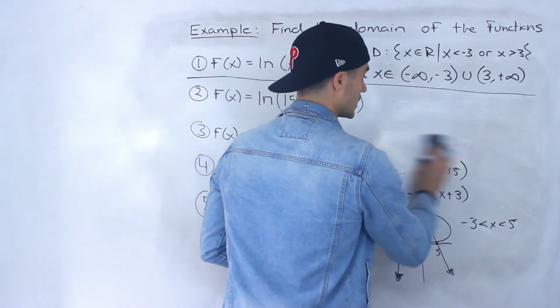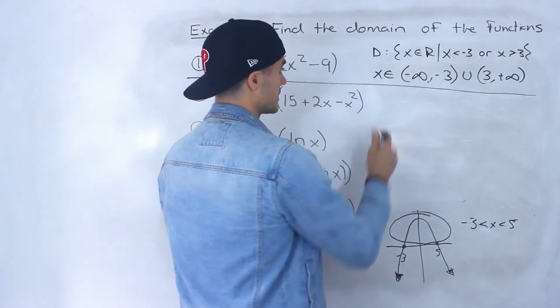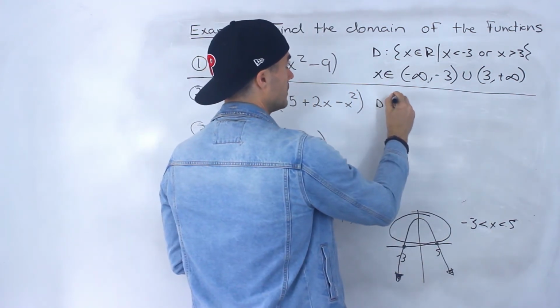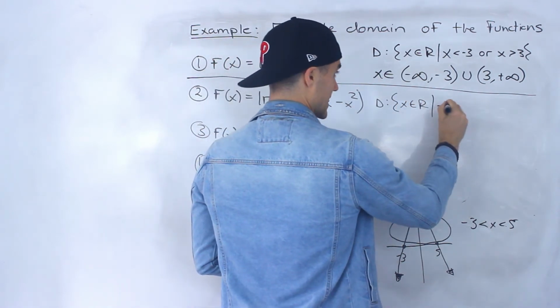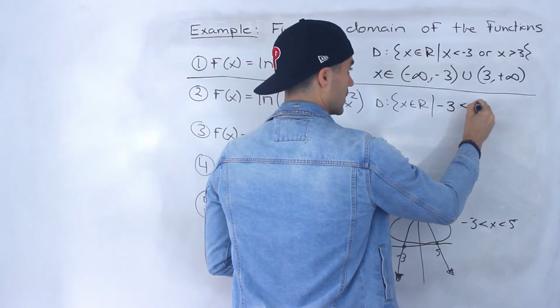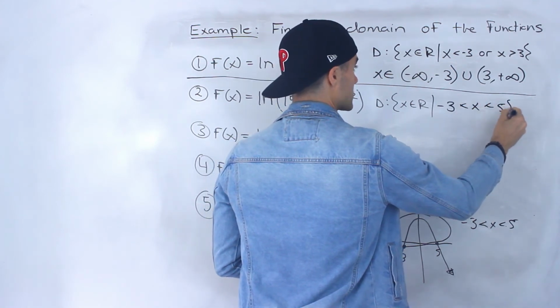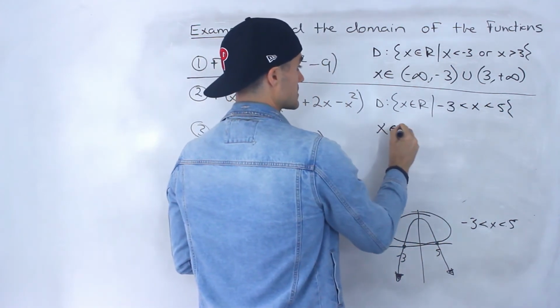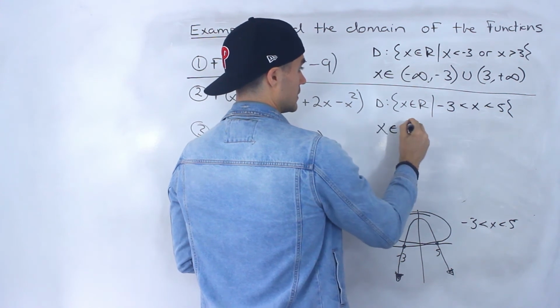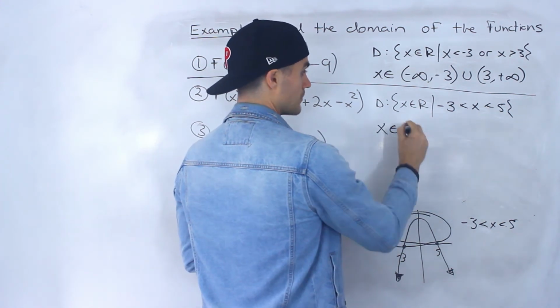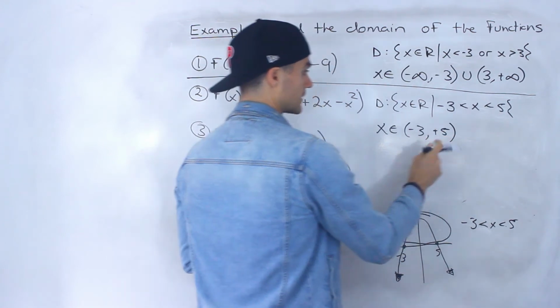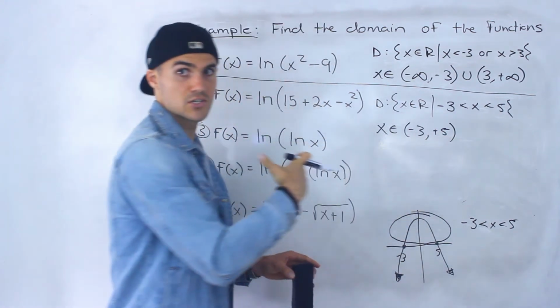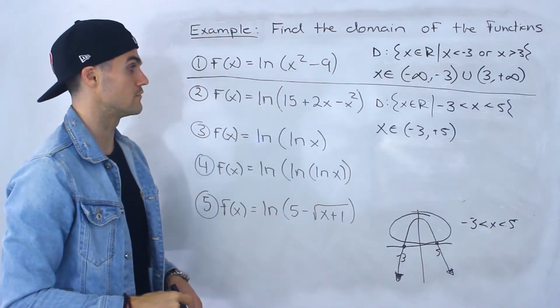So if we rewrite this in a nicer format, we'll have the domain: x has to be between -3 and +5. And x is an element, in this format, between -3 and +5, like that, with round brackets because it's not inclusive of those end values.